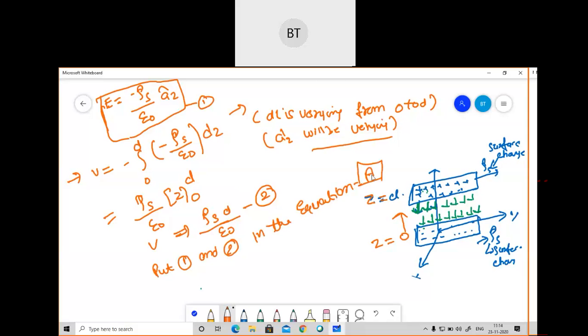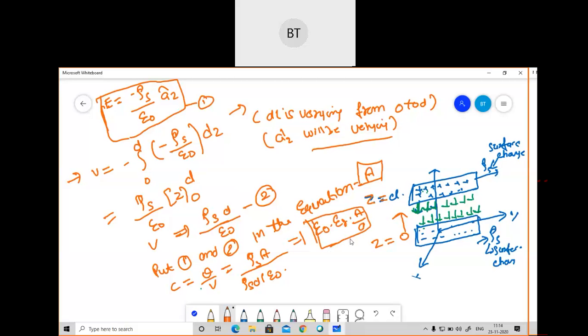So now what I will get here: already we are aware that C is equal to Q by V, and the value of Q will be rho s into area, upon rho s into d by epsilon naught, and based on that I'm going to calculate epsilon naught into epsilon r into A by d. So this value I'm going to calculate.